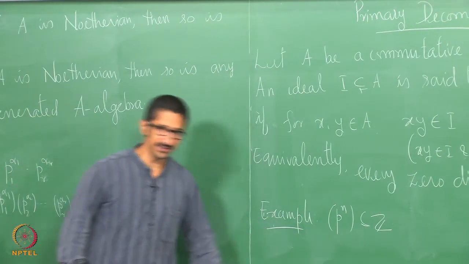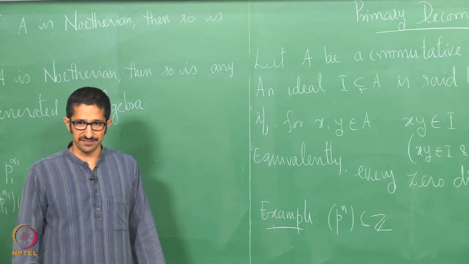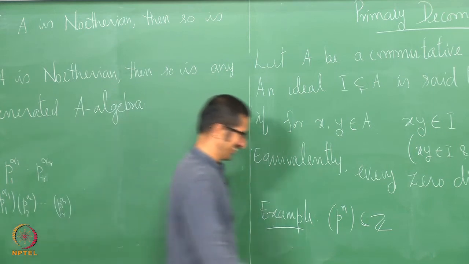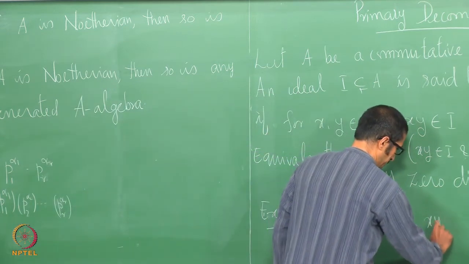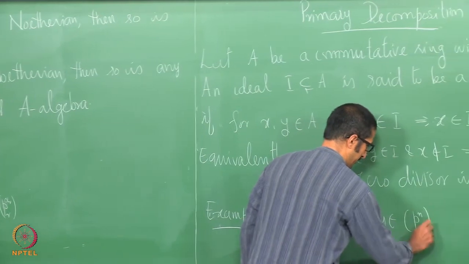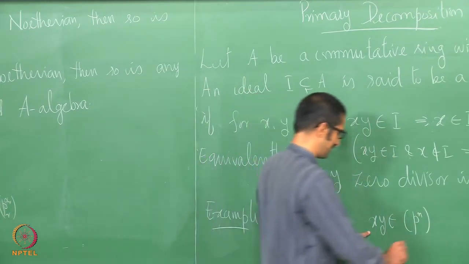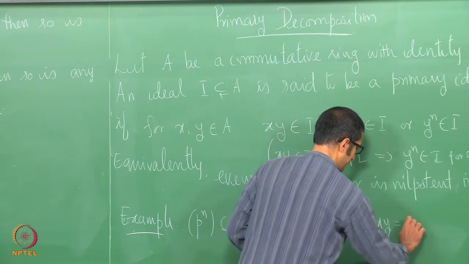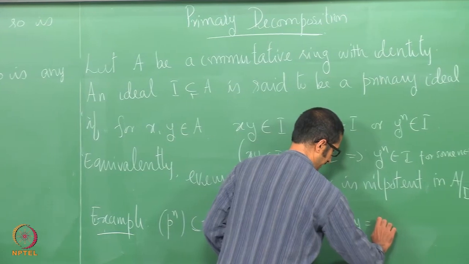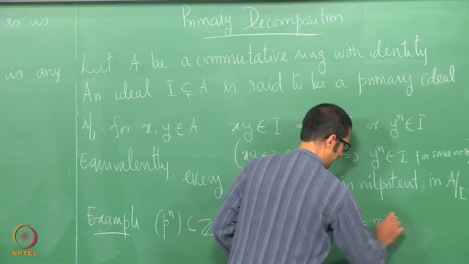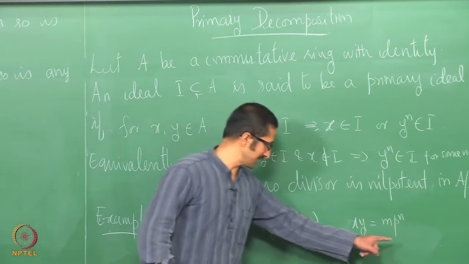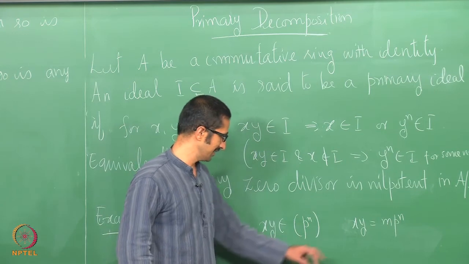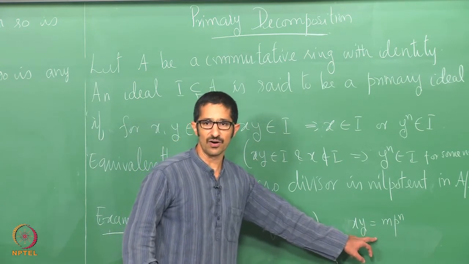Why is this primary? How do you justify this? If xy belongs to the ideal generated by p power n, that means p power n divides xy, so xy will be of the form m times p power n. That means p divides either x or y.